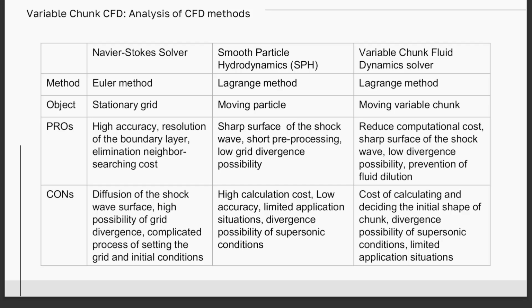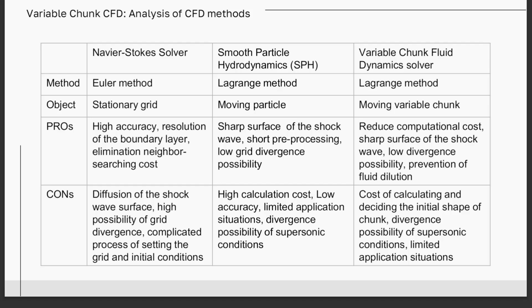The variable chunk fluid dynamics solver utilizes the Lagrangian method, focusing on the moving variable chunks. Theoretically, this novel method is expected to reduce the computational cost of SPH because the number of particles that the solver should compute decreases.